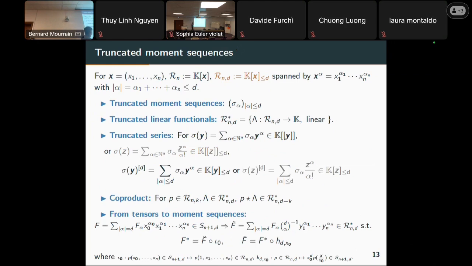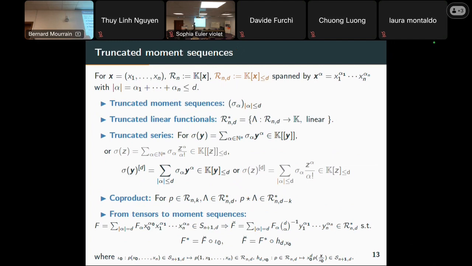R[x] is the ring of polynomials in the variables x. R[x]_{<=d} is the vector space of polynomials of degree at most d, spanned by the monomials of degree at most d.